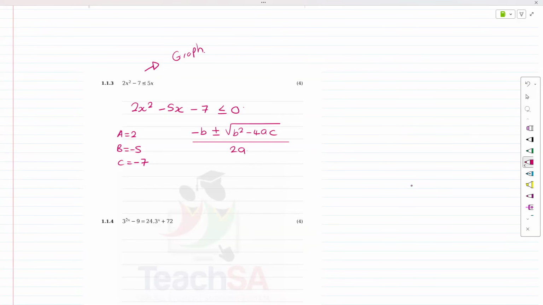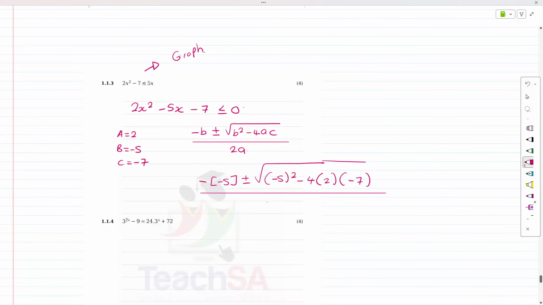So I would get minus b, minus into minus 5, plus or minus the square root of minus 5 squared minus 4 into a into c, all over 2 into a. We're going to end up with two answers. X equals minus 1. X equals 3.5.